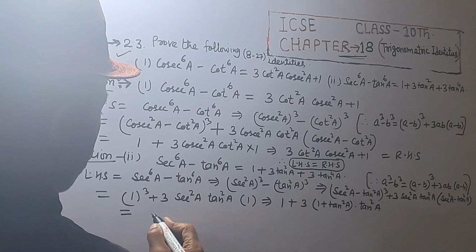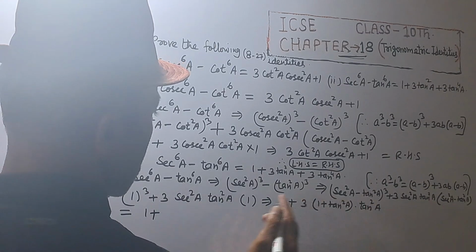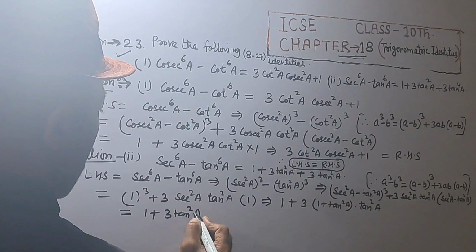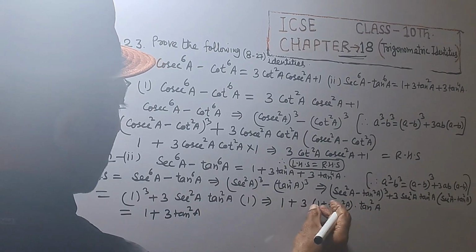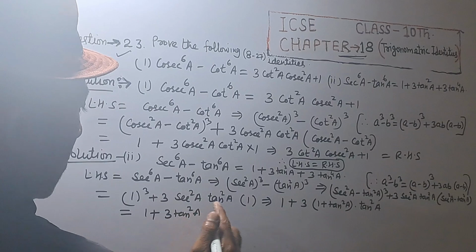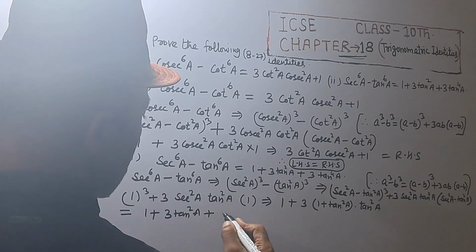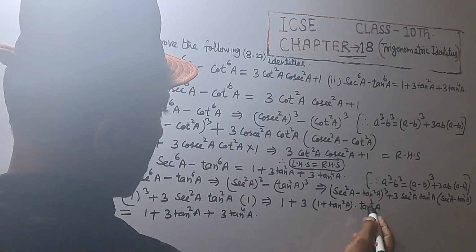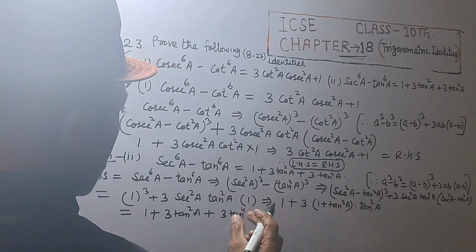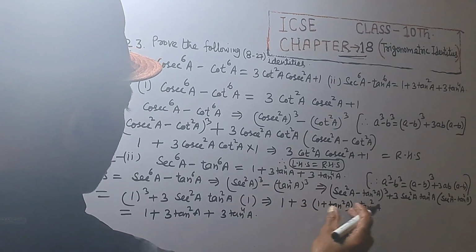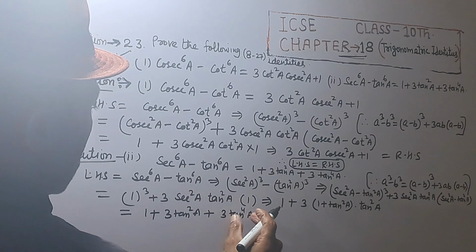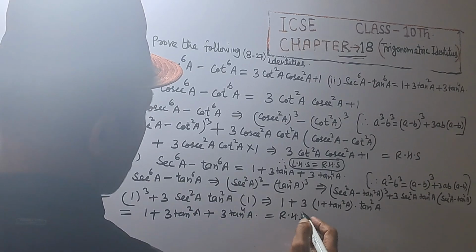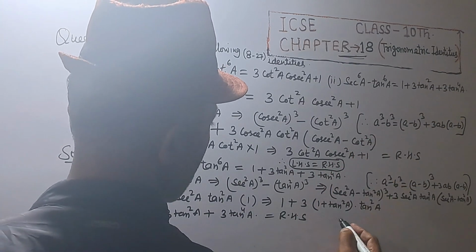that is equal to 1 plus 3 tan^2 A multiplied by 1, that is 3 tan^2 A, and plus 3 tan^2 A into tan^2 A, that is tan^4 A, so 3 tan^4 A, which is our right hand side.